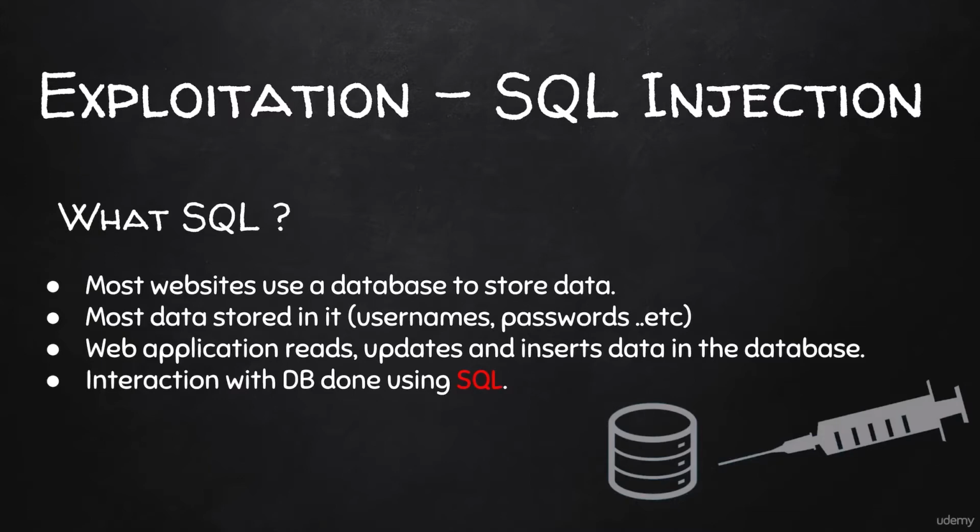So they store usernames, passwords, news articles, blog posts, pictures, anything that happens on the website literally is stored on a database, and the web application queries the database and then displays the data to you or to the users on screen. When the users do something, it will either update, delete, or modify the data that exists in the database. This interaction between the web application and the database happens using a language called SQL.